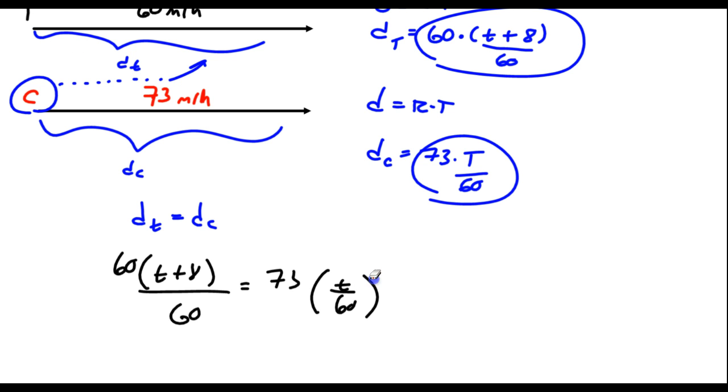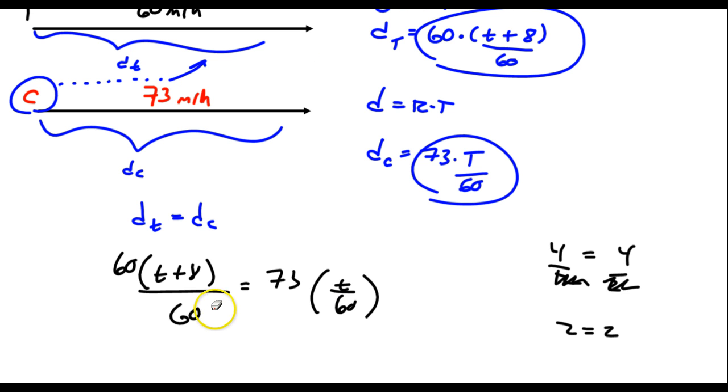Now, check this out, y'all. See how they're both divided by 60? Like if I had 4 equals 4, and then I divide them both by 2, I would say 2 equals 2, right? But if I just get rid of those 2s, I still have 4 equals 4. Since they both are divided by 60, let's just get rid of that right now.